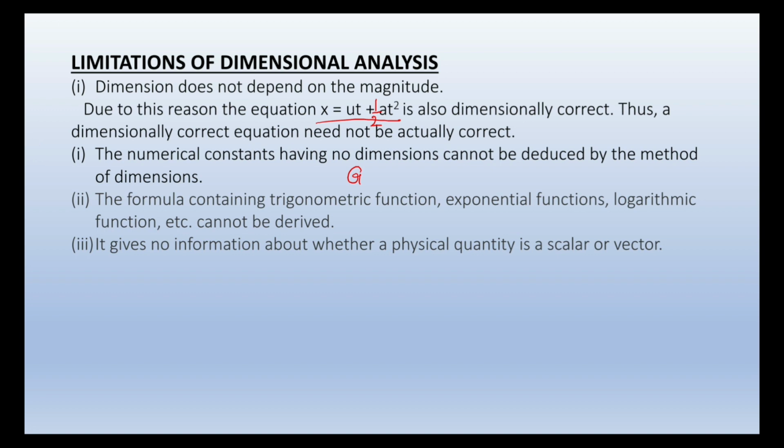Also, formulas containing trigonometric functions, exponential functions, logarithmic functions, etc. cannot be derived from dimensional analysis, and it also gives no information about whether a physical quantity is a scalar or a vector. So these are some drawbacks or limitations of dimensional analysis.